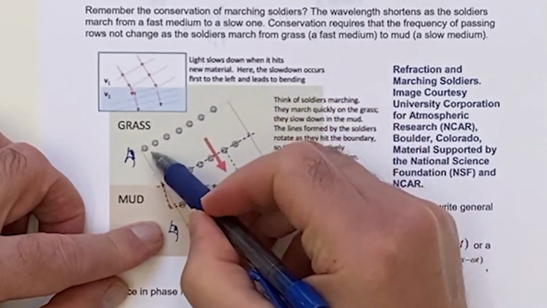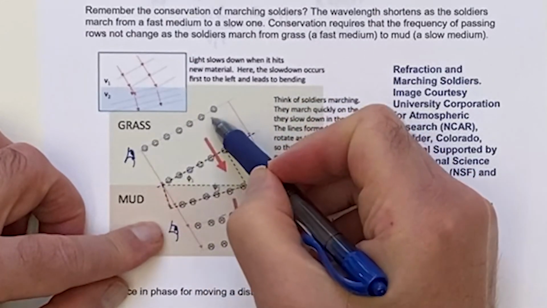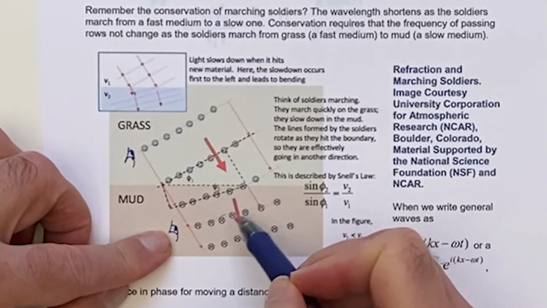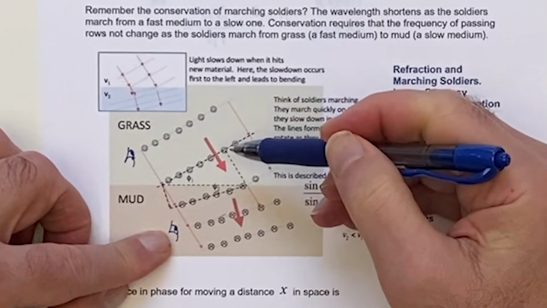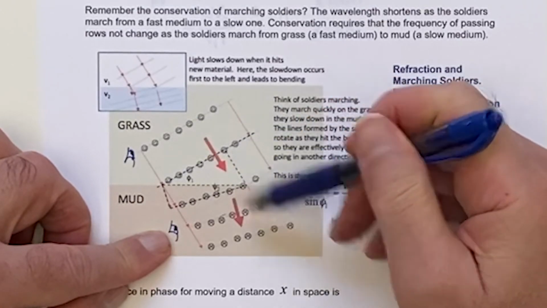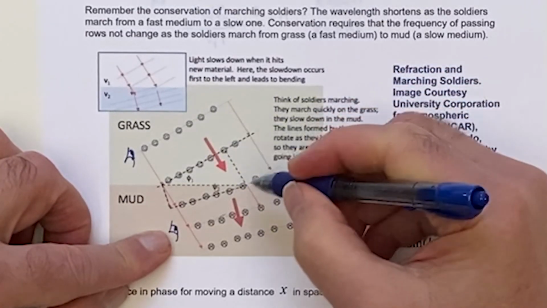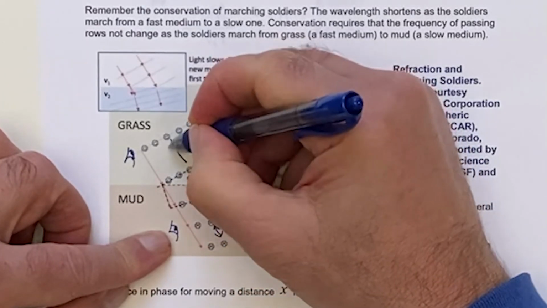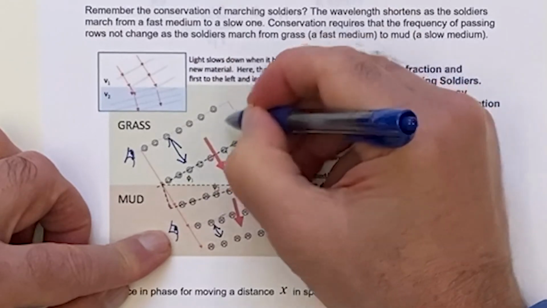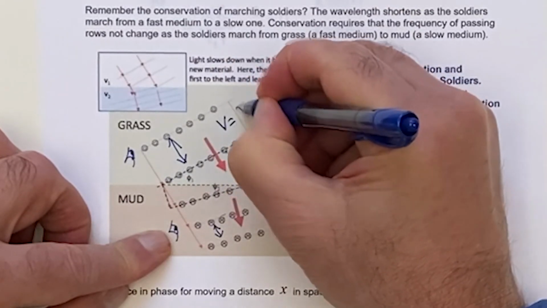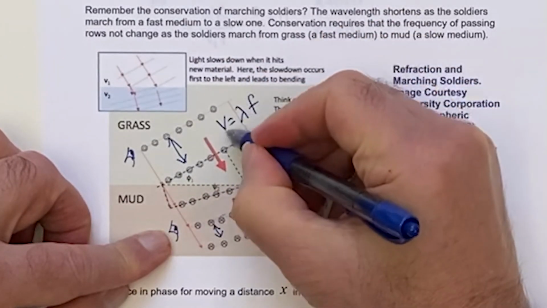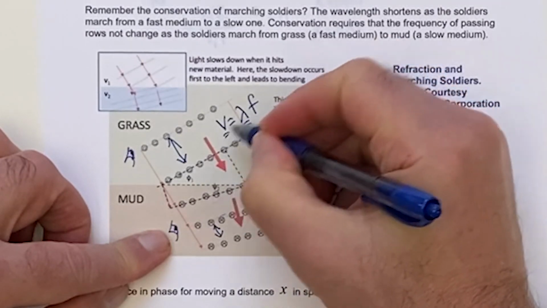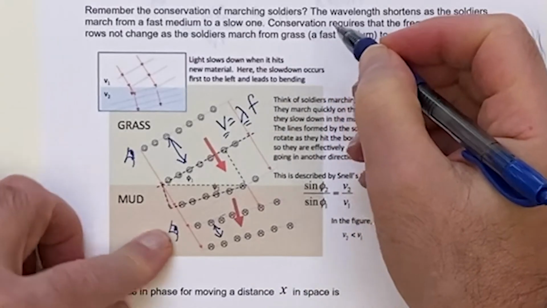If so many go by per minute here, the same amount go by per minute there, since we're not changing the number of people. In other words, the flow. So your frequency is the same, and the wavelength gets shorter here compared to up there. And that's the equation, v is lambda f, where the velocity and the wavelength change in the same proportion as the frequency stays the same.